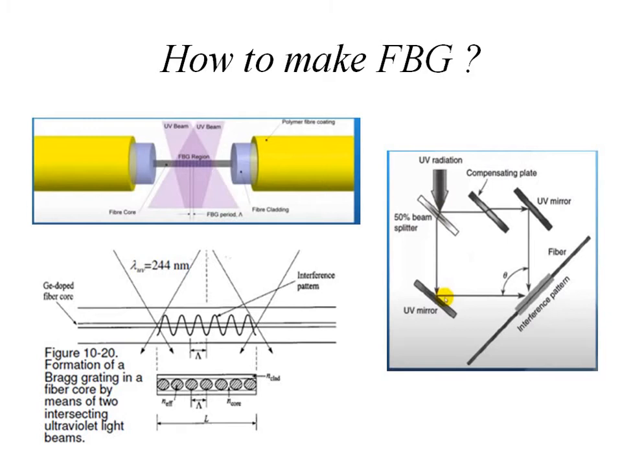Here, one of the methods used to create a fiber Bragg grating is called the external writing technique. This is shown here in figure 10.20.